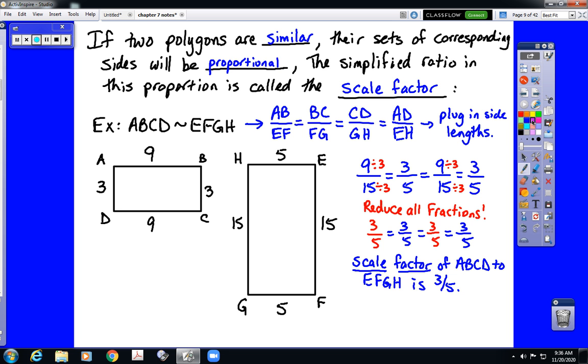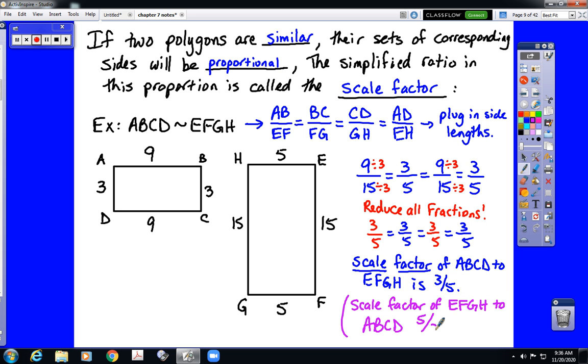Now, it is worth noting, by the way, that that is not the only scale factor. There's also a scale factor of EFGH to ABCD. In other words, we're flipping which one comes first in the name. Now, when we flip which one comes first, we flip which number comes on top.